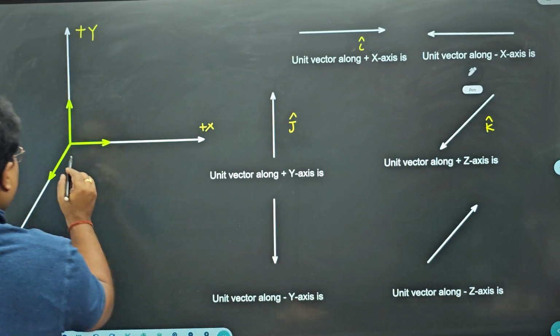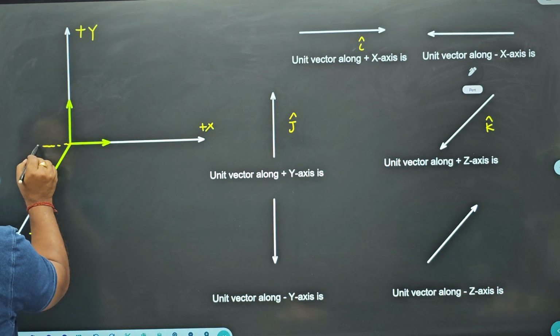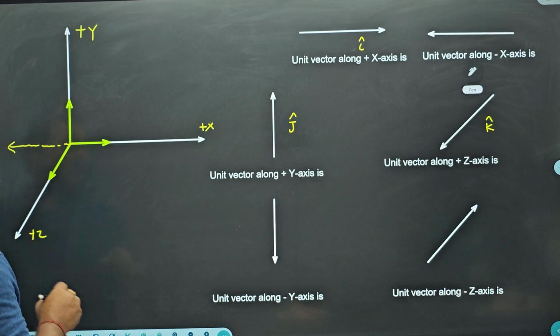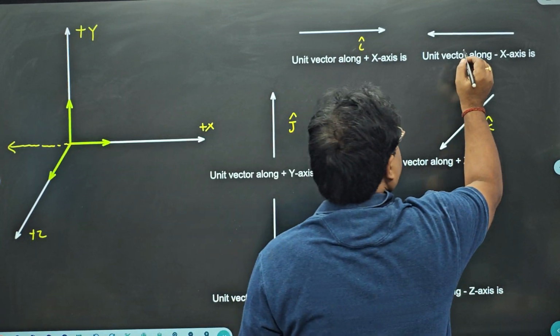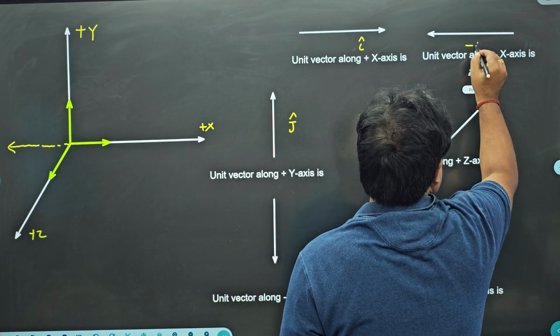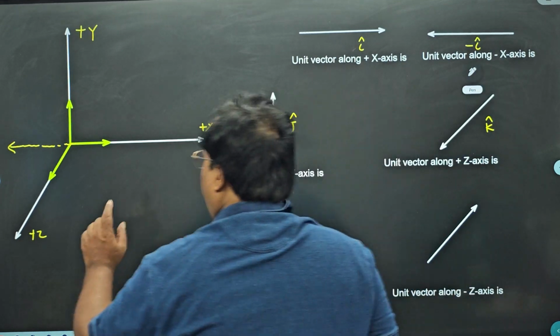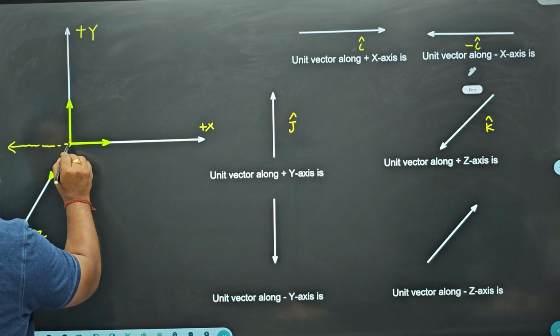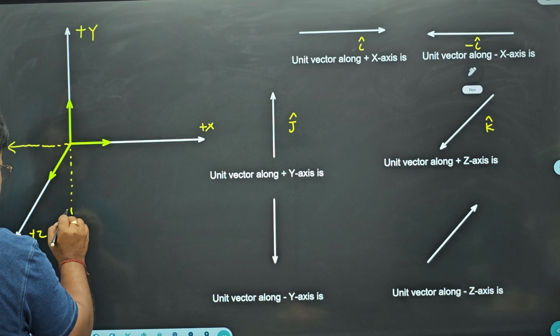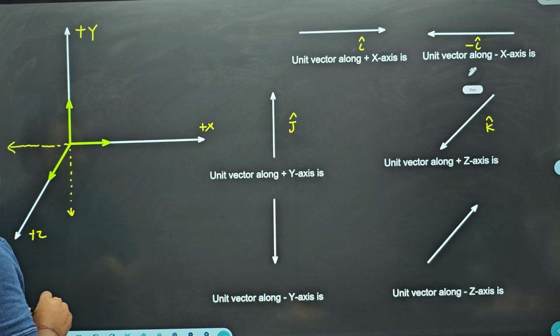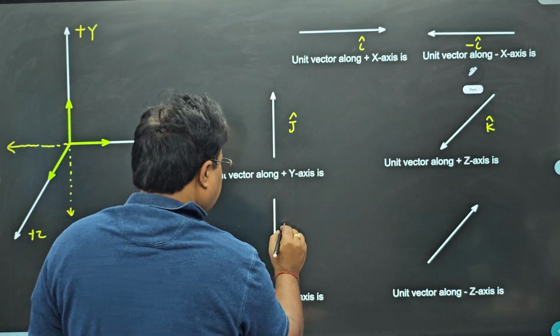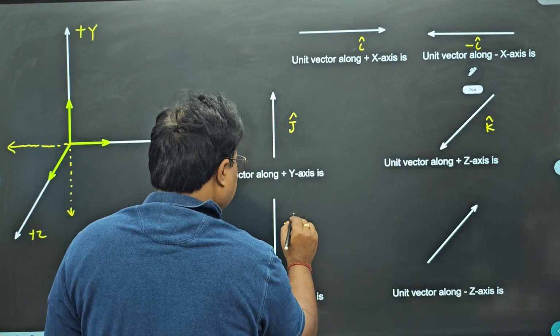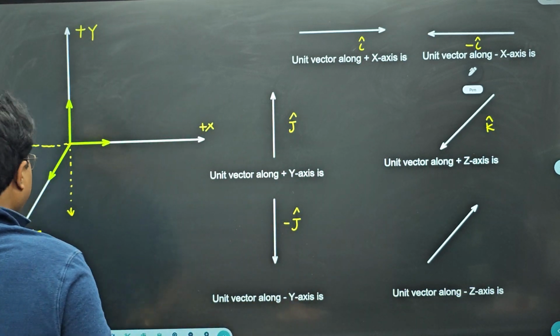If you go along the negative direction of x-axis, the unit vector is minus i cap. If you go along the negative direction of y-axis, the unit vector is represented as minus j cap.